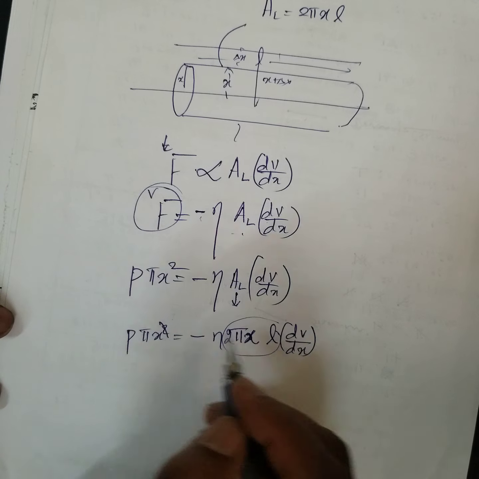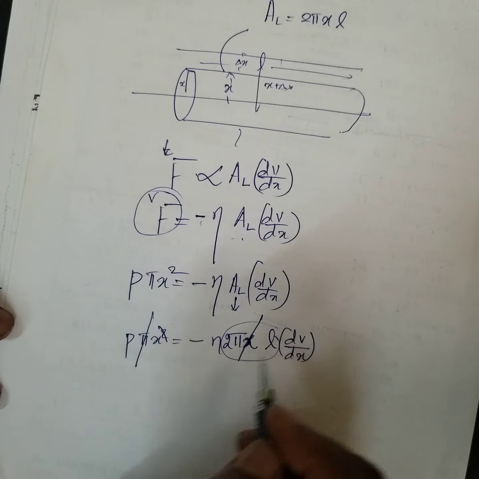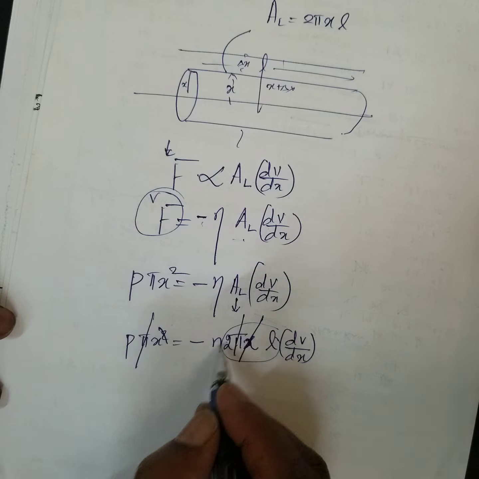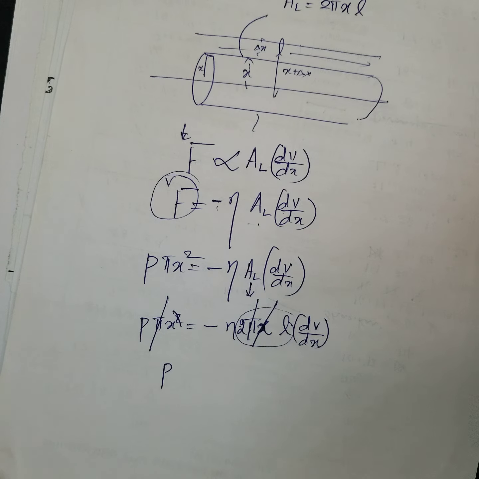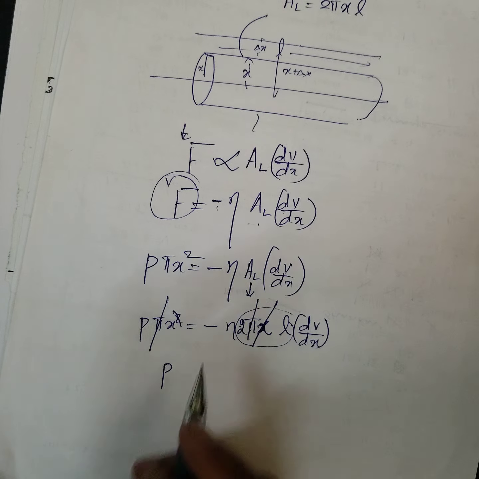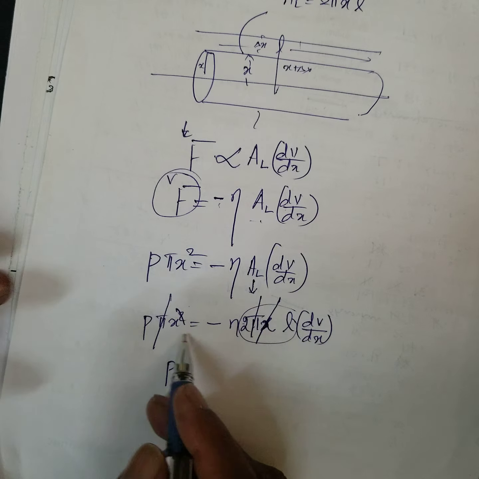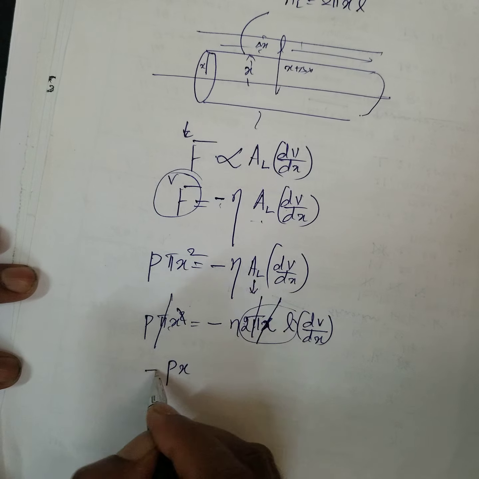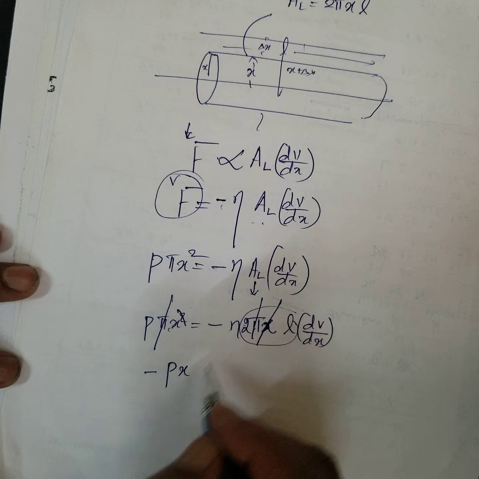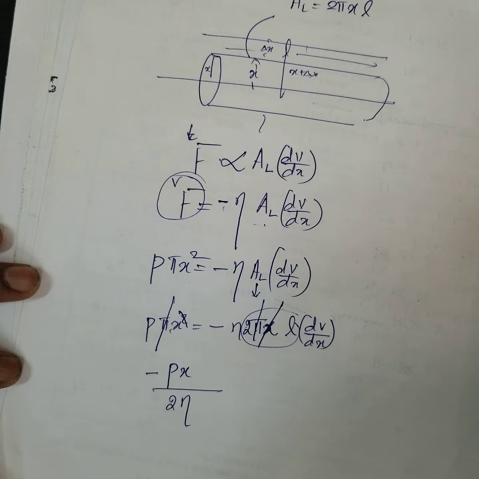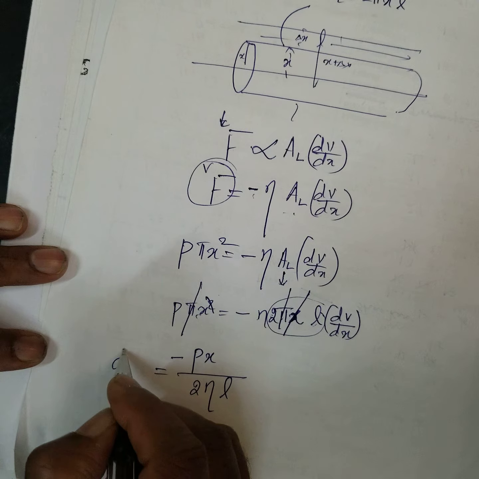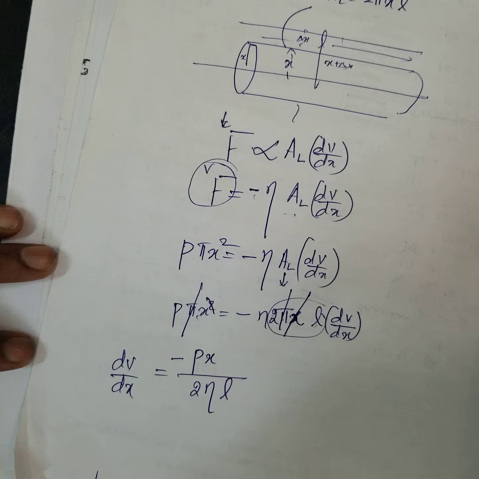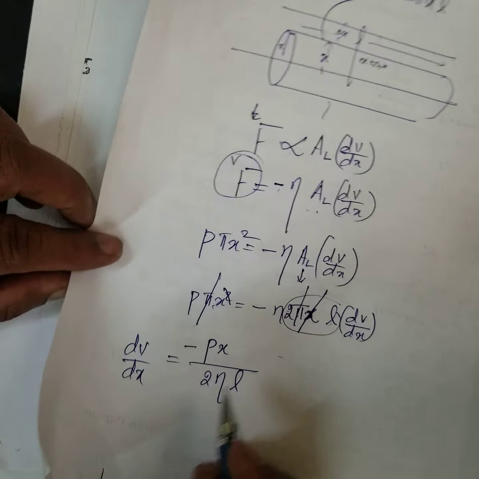Now this x can cancel, pi cancels. Therefore, P into x is there. This minus I am also bringing down, 2 eta, and the length also I am bringing down. That is equal to dV by dx.